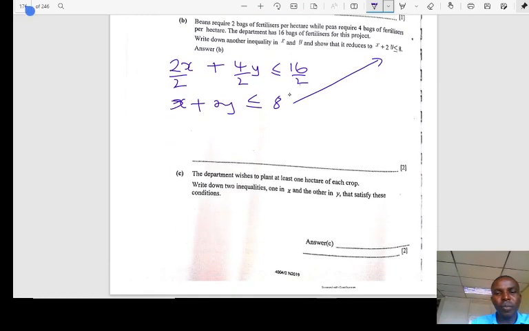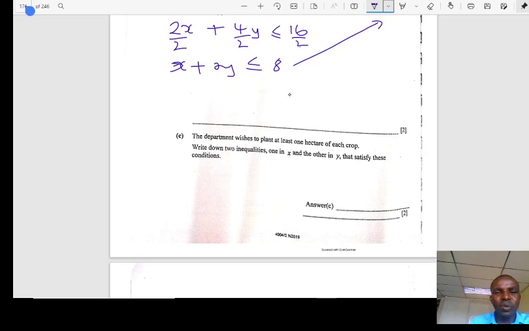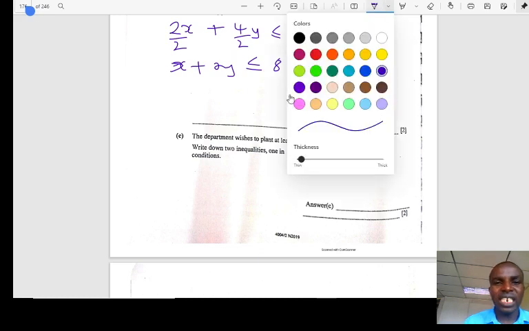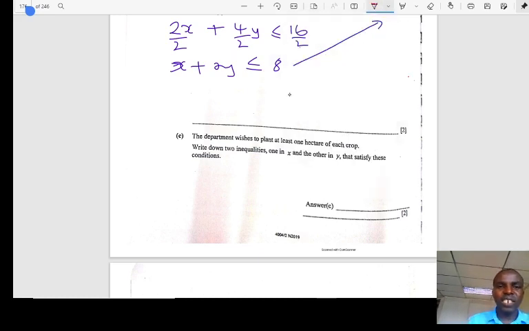So shown. Next, the department wishes to plant at least 1 hectare of each crop. Write down 2 inequalities, one in X and the other in Y, which satisfy these conditions. So at least 1 hectare of each crop means the number of hectares of beans must be greater than or equal to 1, sorry, at least means greater than or equal to.